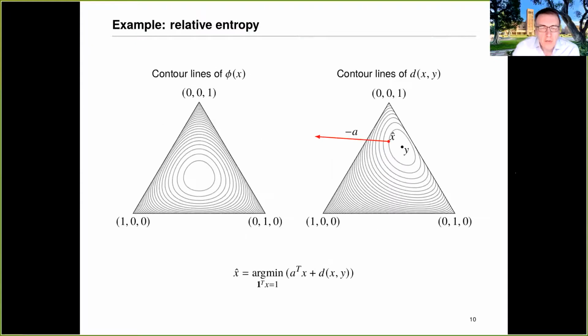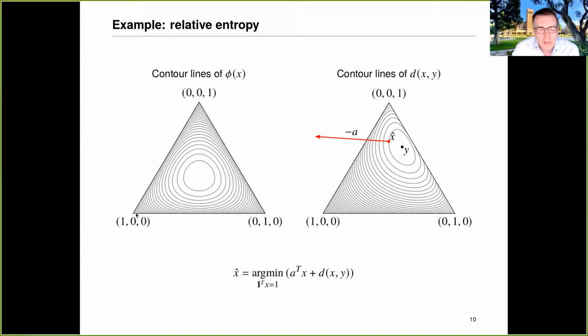And if you look at the contour lines, it's clear why. So this is the unit probability simplex in R3, the intersection of the non-negative orthant with this hyperplane. This would be the contour lines of the distance, the relative entropy, around a point y. We take a general arbitrary direction A, then the solution of this minimization problem will always be a point in the interior of the set.